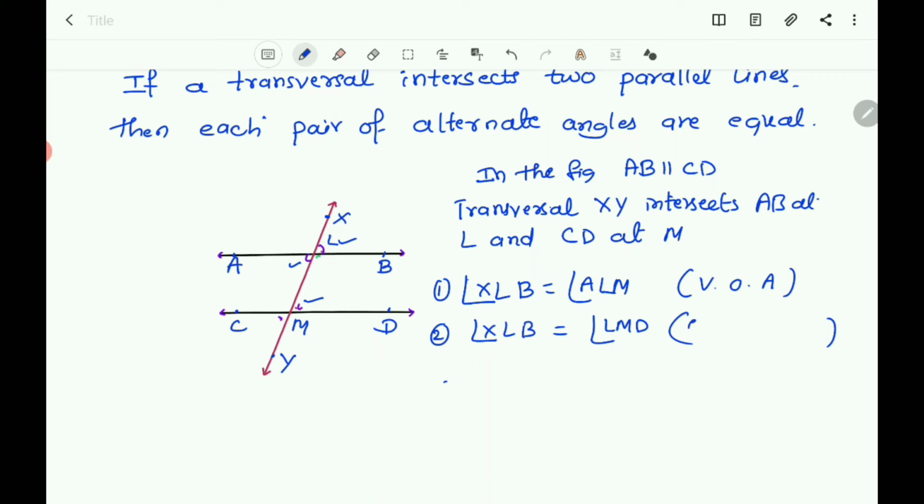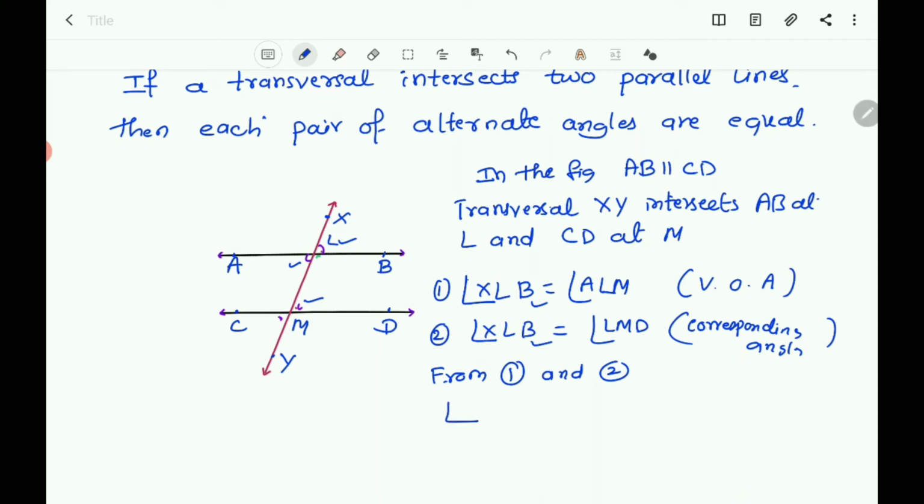So you write what they are: corresponding angles. They are the corresponding angles made by the transversal of parallel lines. So from first and second, what can you write here? From first and second, you know that in both the relations the LHS is the same, so the RHS must be equal here.